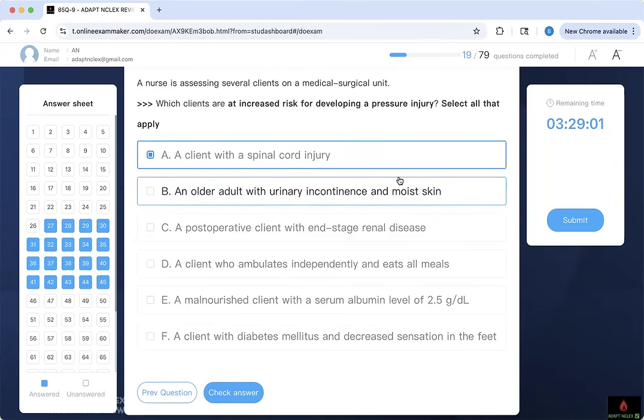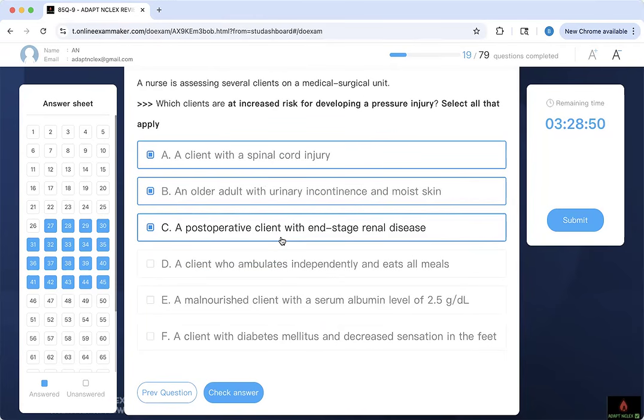Spinal cord patient is not going to move. Older client with incontinence, skin is going to break down. Post-op patient, renal failure, bad problem. Is going to get dialysis and all those things. They're not going to move. That's a big issue. A client who ambulates independently and eats all meals is mobile, no problem.